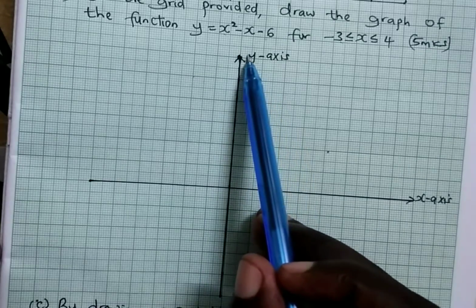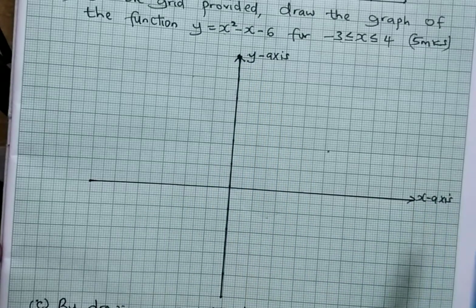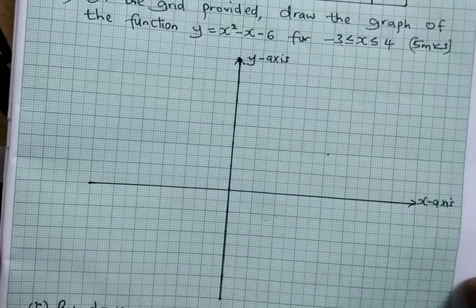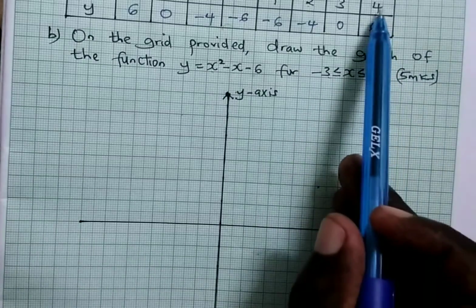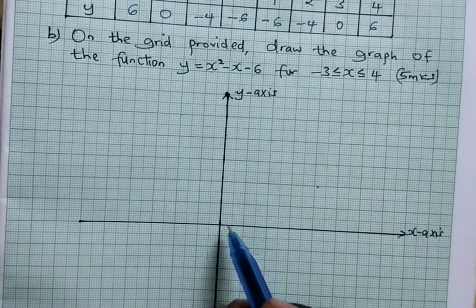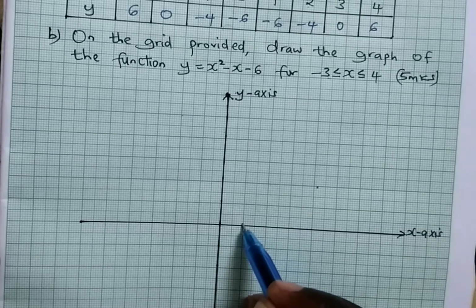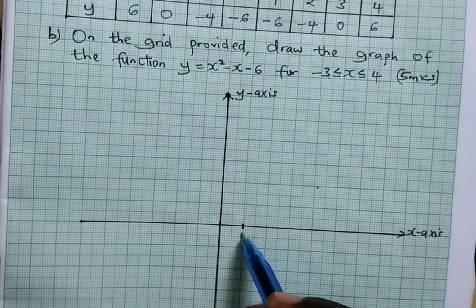We have the y-axis, and the horizontal represents the x-axis. The highest value of x is 4 to the right, and also -3 to the left, and therefore, if this is our 0 here, we are going to use 1 centimeter to represent 1 unit.